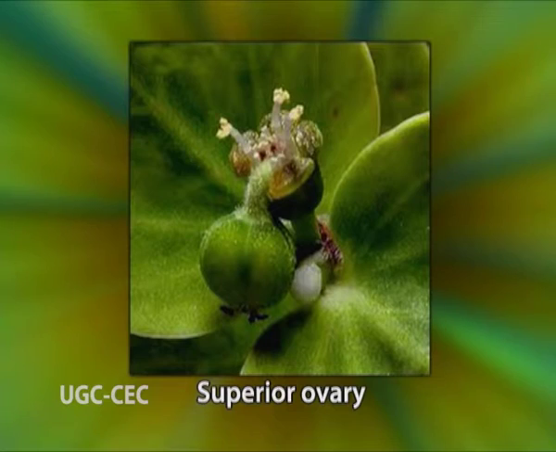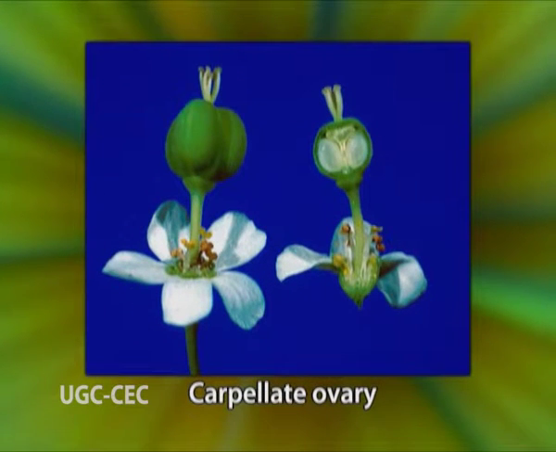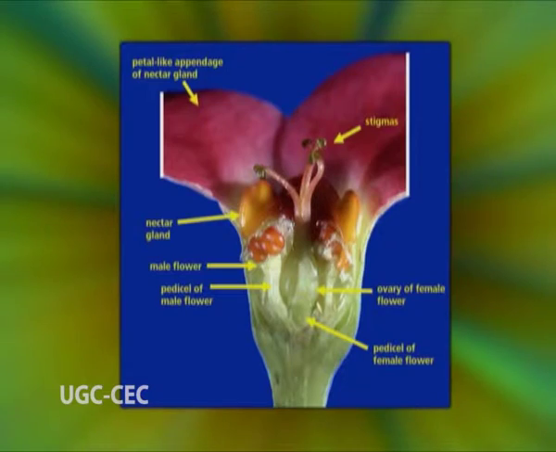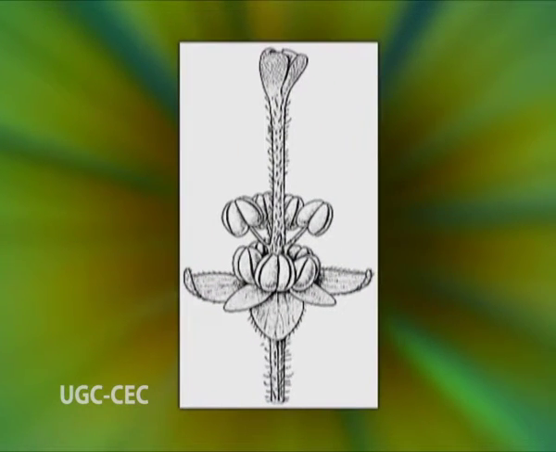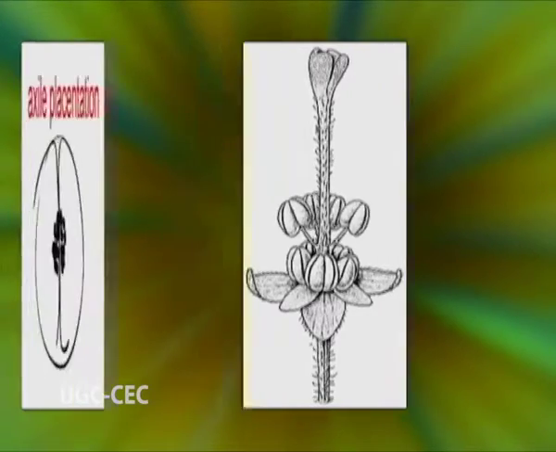Gynoecium is syncarpous with 3 united carpels, rarely 4 or many carpels, and ovary is superior, trilocular with 1 ovule in each locule, rarely 2. Ovary is distinctively 3-lobed. Ovules are anatropous or hemianatropous. Style is 3, each ending in a bifid stigma.